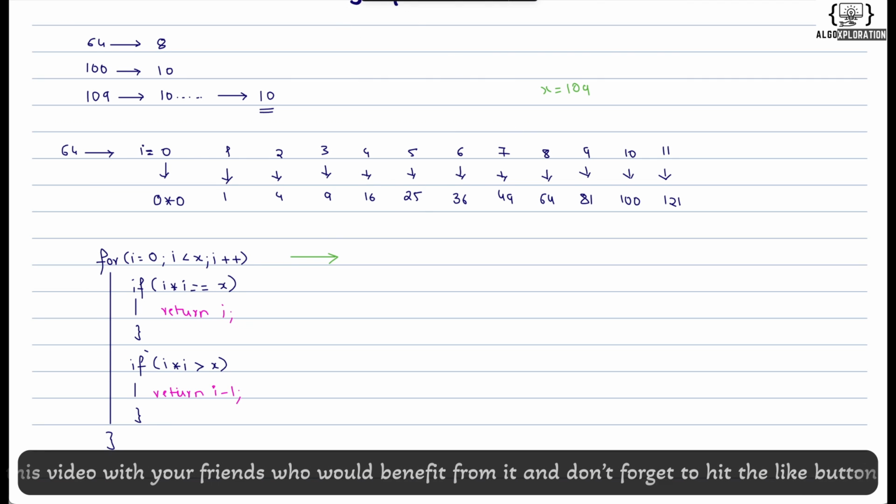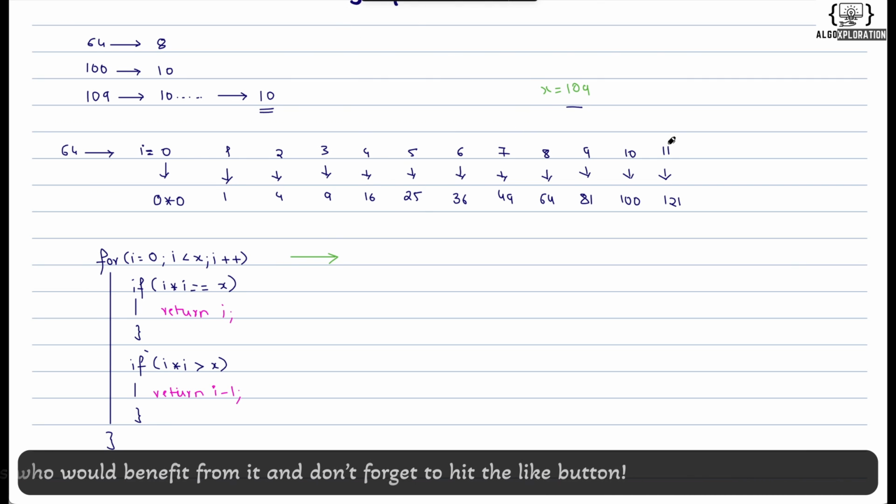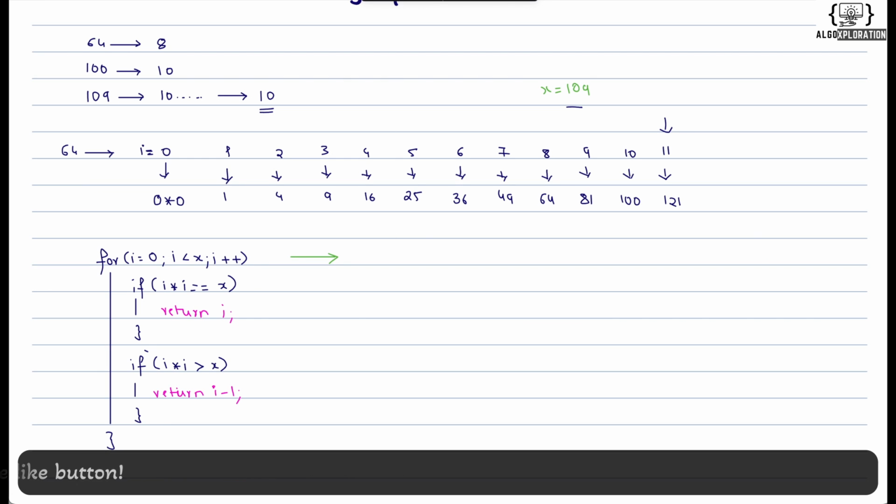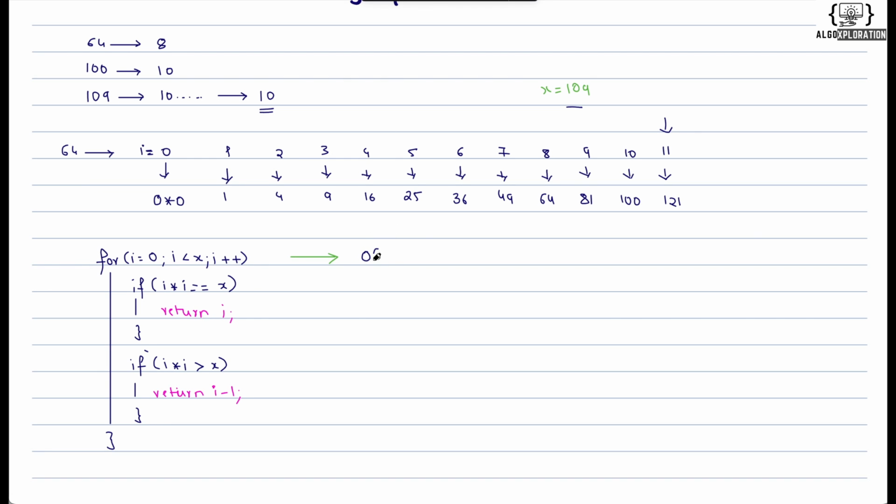So I'm not going till 109, I'm stopping here only. So approximately the time complexity will be order of root x. Talking about the space complexity, it will be simply order of 1, because I'm not taking any extra space. I believe you got this approach.